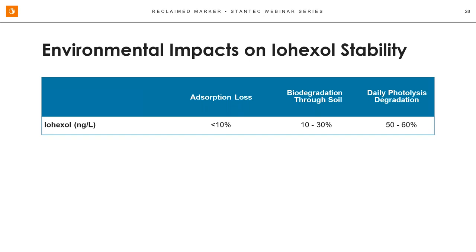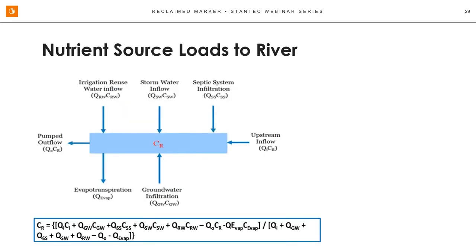And what we did see was there doesn't seem to be much absorption loss. You can get some biodegradation through the soil, and the biggest loss seems to come from photolysis, where if this water is exposed to sunlight for more than, say, a day, you can lose 50 to 60% of it.